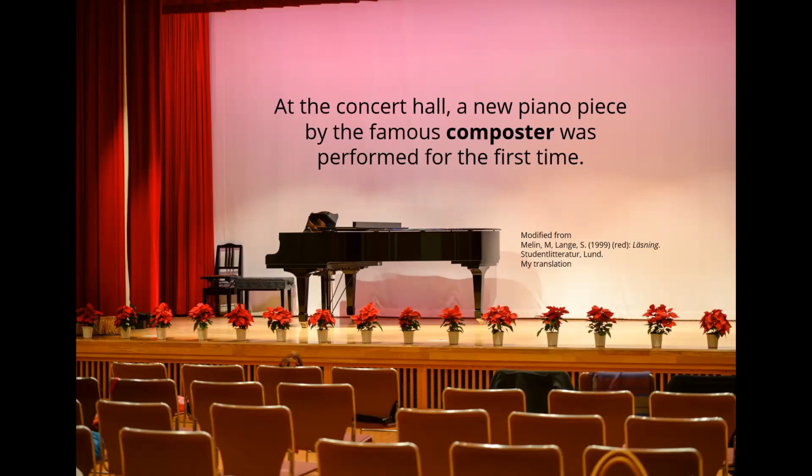But the thing here is that I showed you the image of the concert hall and the piano before you read the text. And what research tells us is that you would activate domain knowledge about concert halls, pianos, musicians, someone is playing, you're an audience, and all of this is sometimes referred to as a schema.